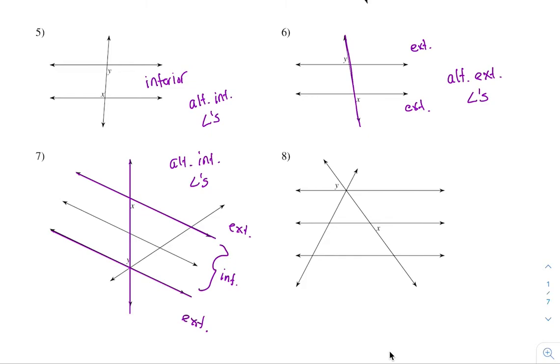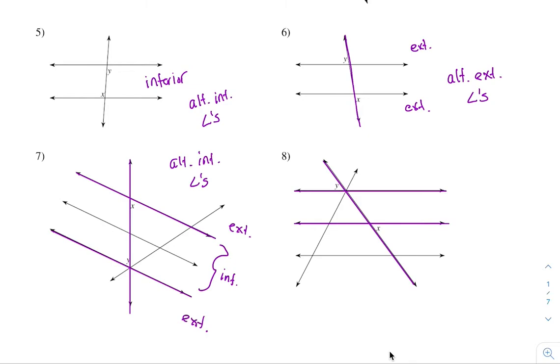Okay, number 8. So I'm going to be focusing on these two parallel lines and this transversal. Why did I choose this transversal? Because both the x angle and the y angle are formed by that transversal, not the other one.